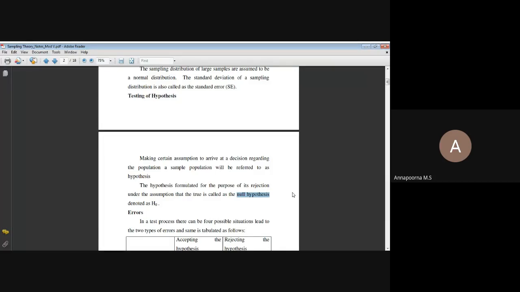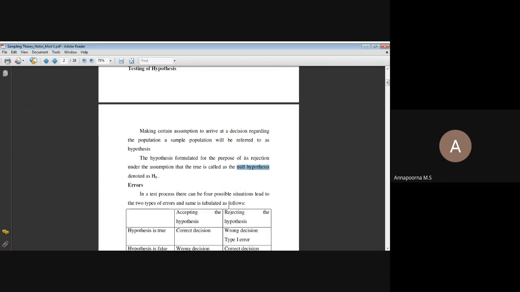The hypothesis formulated for the purpose of its rejection is called a null hypothesis. We know that this is false and we will surely reject the hypothesis. In the problems you may make use of this null hypothesis. We formulate this only in order to reject it, so that hypothesis is called the null hypothesis.